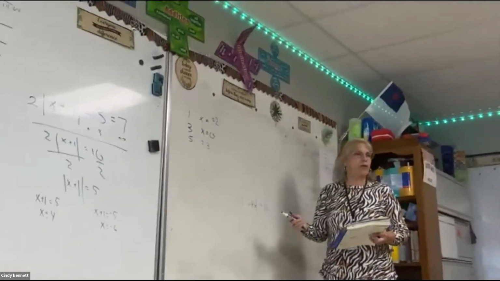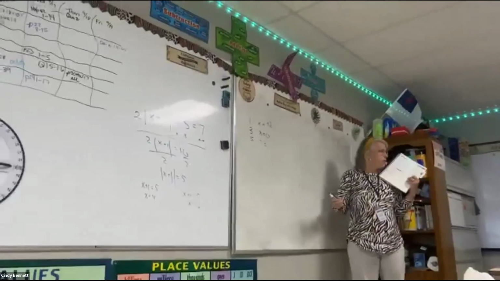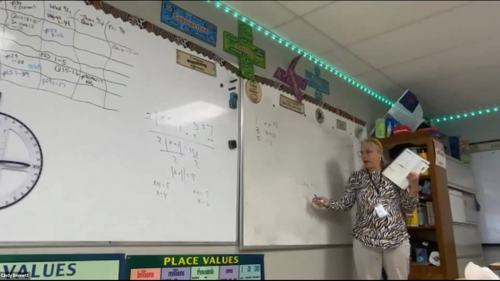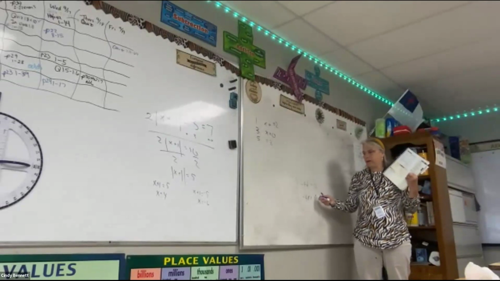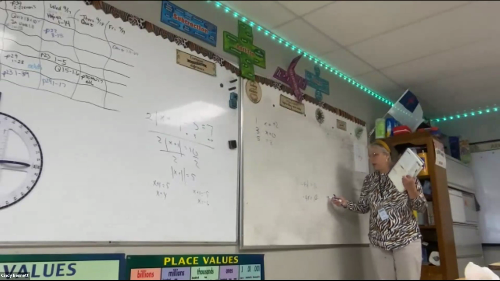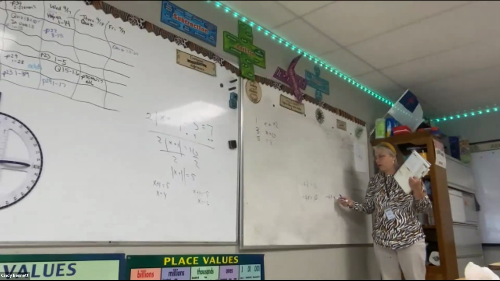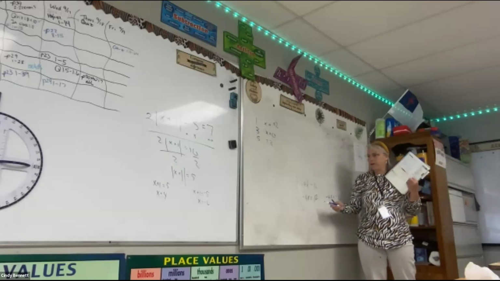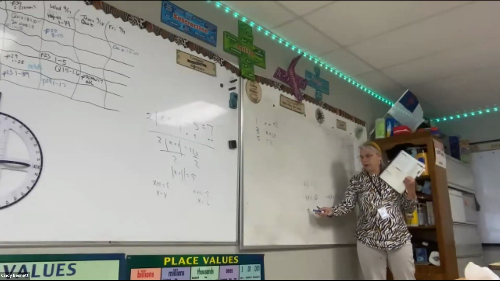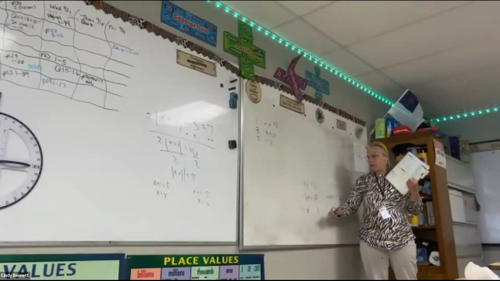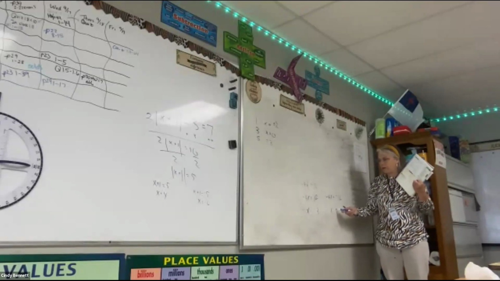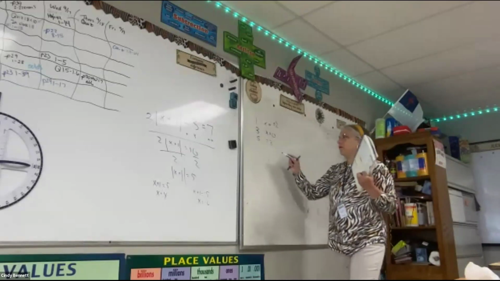So what am I going to write out for my 2 equations? -4x equals what? Positive 12. -4x equals -12. Those are my 2 equations. So -3. Yeah, -3, and then this one's going to be what? Positive.